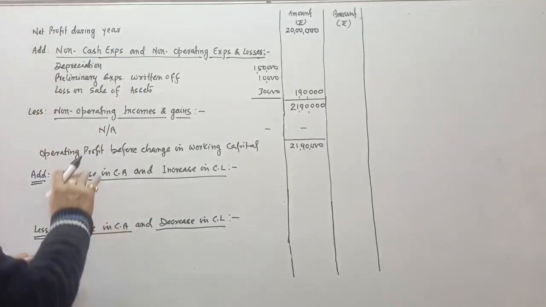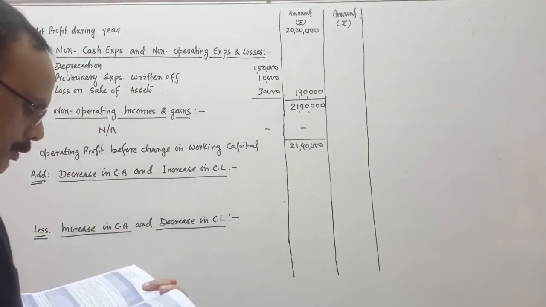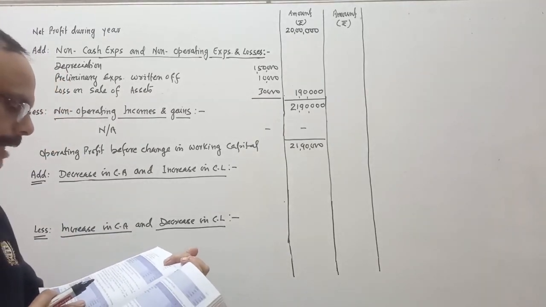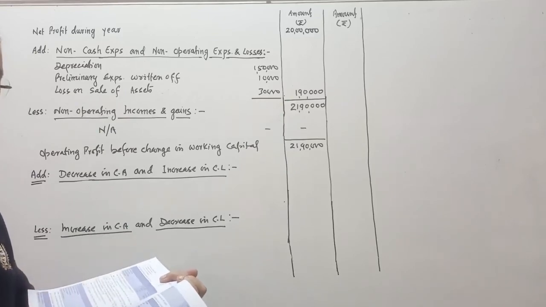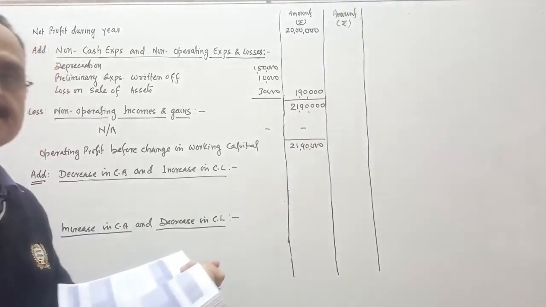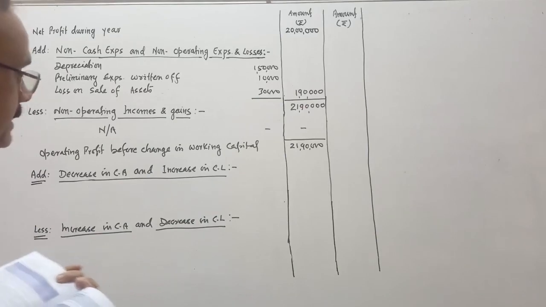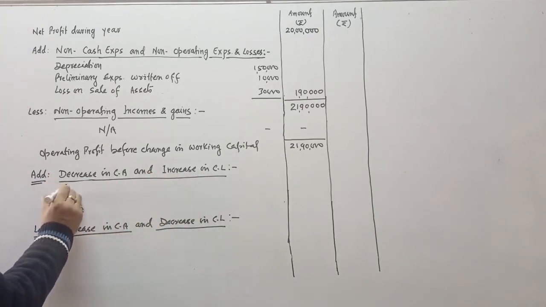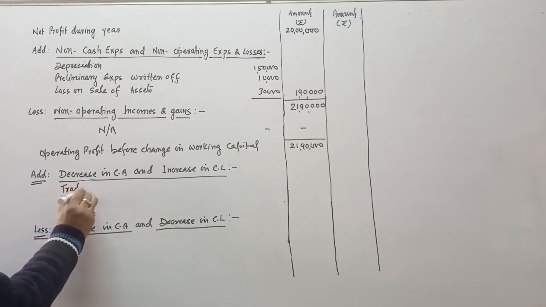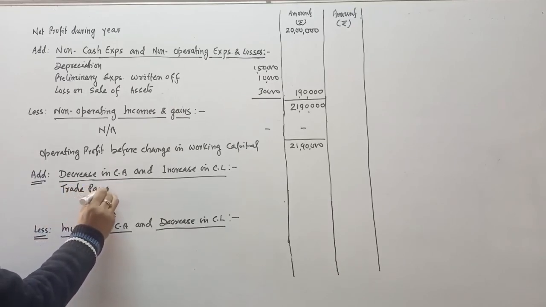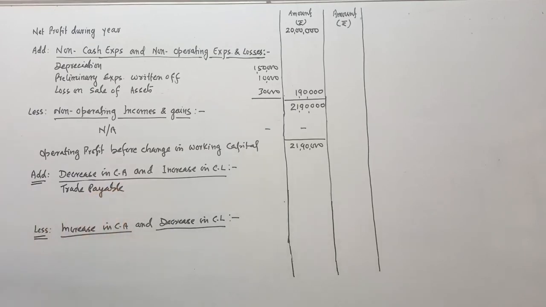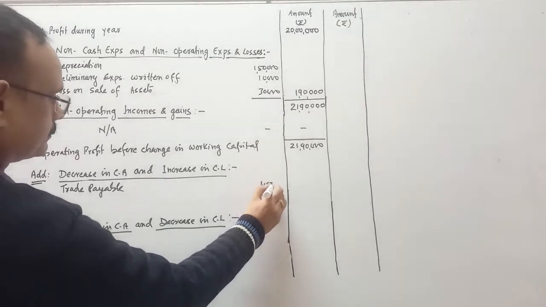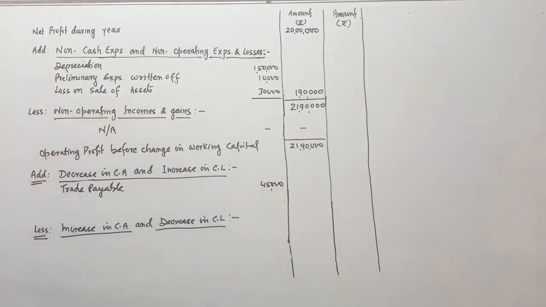Now thereafter we will see the change in working capital. At the end of the year, trade payable is a current liability, and an increase means current liability has increased. So increase in current liability, we will add it. Trade payables has increased by 45,000, directly given.